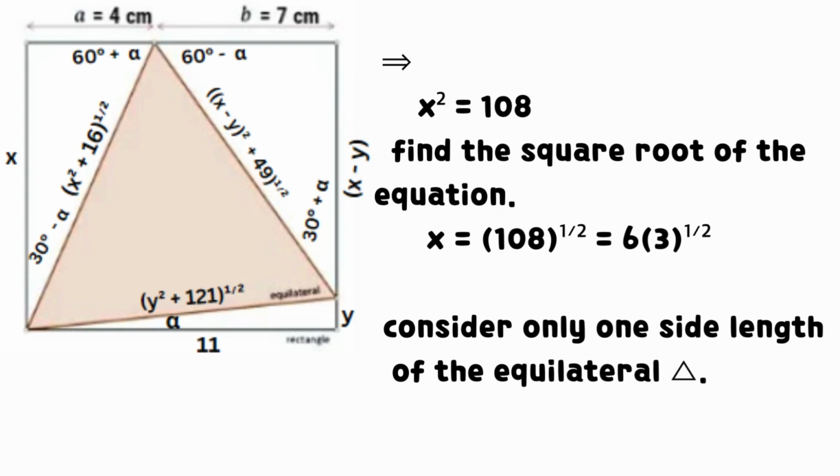Find the square root of the equation. x equals the square root of 108, which equals the product of 6 and the square root of 3. Consider only one side length of the equilateral triangle.